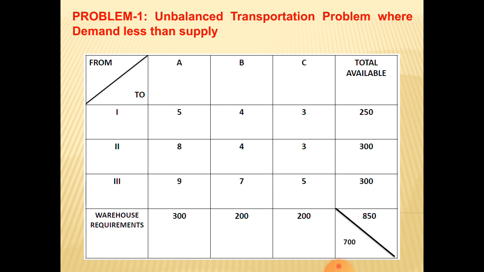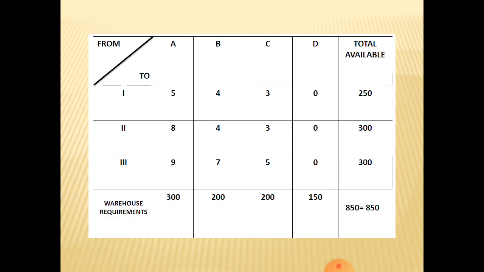Add all availabilities, you will get 850, or add all requirements, you will get 700. What is the difference? 150 is the difference. The supply should be equal to demand. In the next slide you can see we have to add a separate column, at zero cost, with the difference of 150 in the requirements.